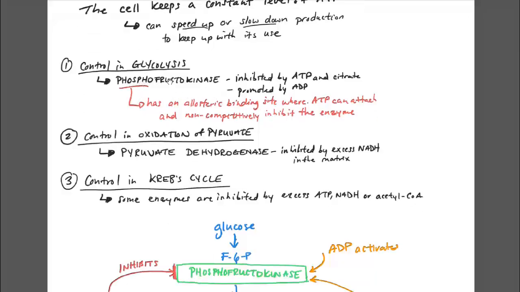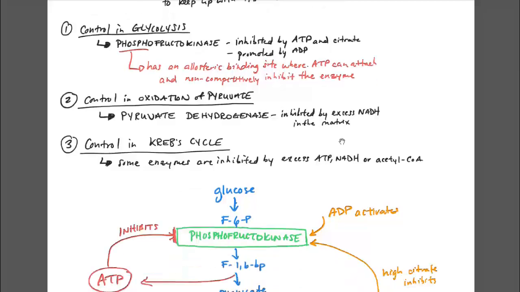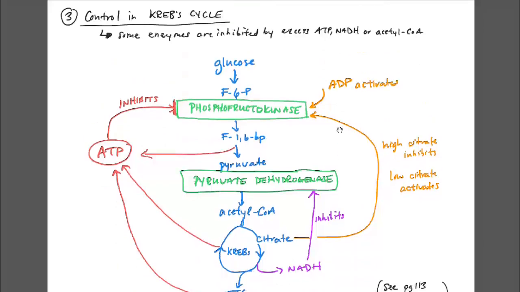The first bit of control we see is in glycolysis. Now in glycolysis, we didn't mention the names of the 10 enzymes that are involved, but if you wanted to go from glucose to fructose 6-phosphate, remember we had glucose, then glucose 6-phosphate, and then we popped that carbon out and we got fructose 6-phosphate. In between the fructose 6-phosphate and adding in the extra phosphate to make fructose 1,6-bisphosphate, there was this enzyme right here, phosphofructokinase.